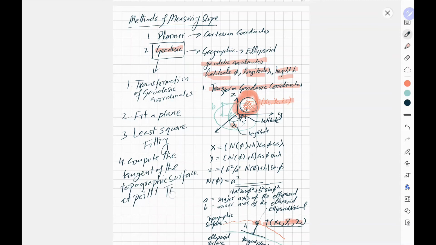What is the point? That point T, X, Y, and Z.